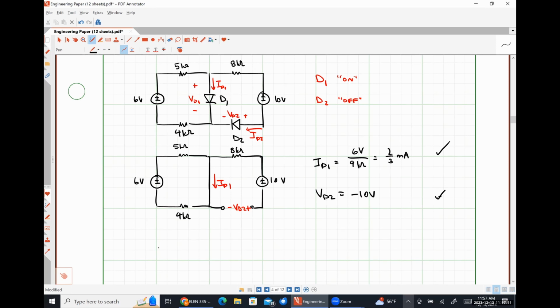So we're literally just looking at the sign of the diode current. If it's positive and we assumed it was on, we were correct. If the sign was negative, we were incorrect. When we're looking at the diode voltage, if we had gotten a positive voltage, we would have been incorrect because we replaced it with an open circuit, which is appropriate for a reverse bias.